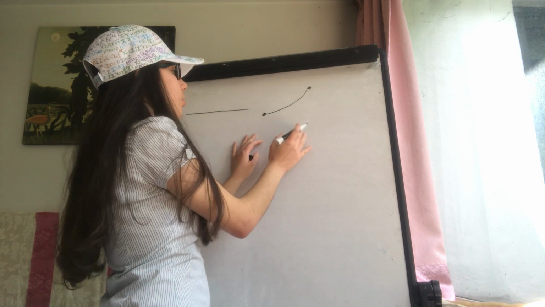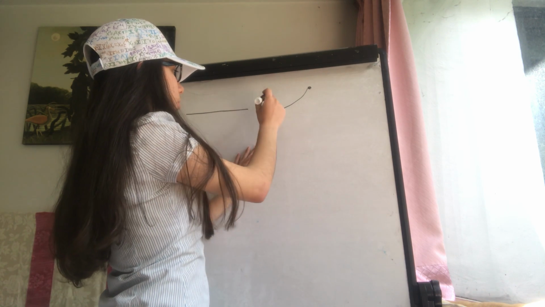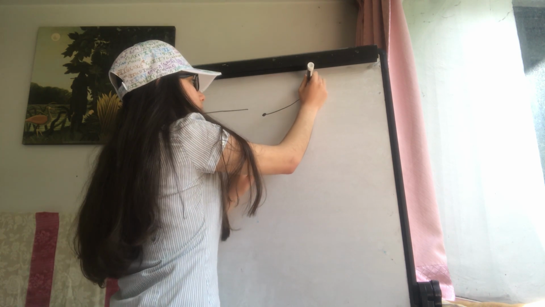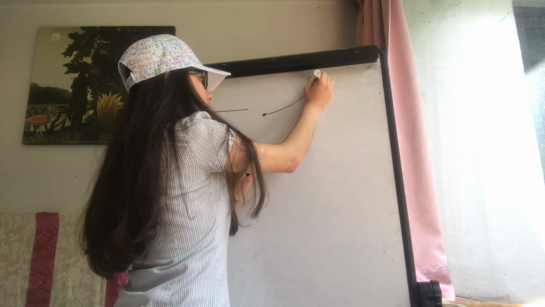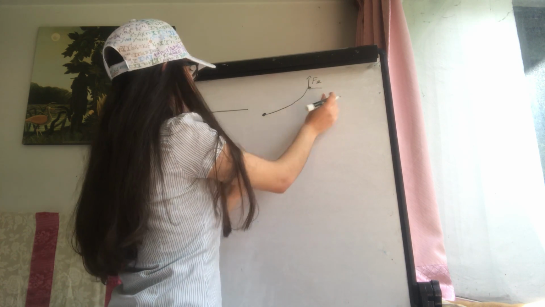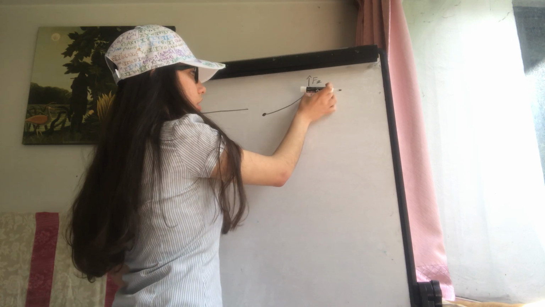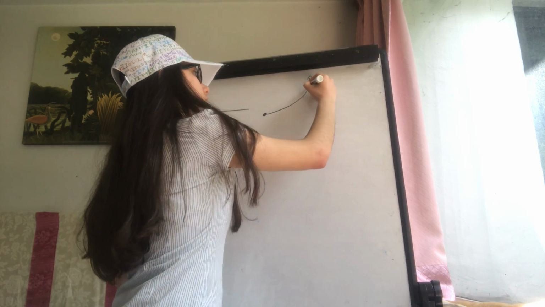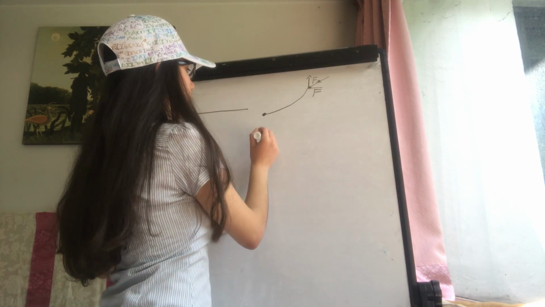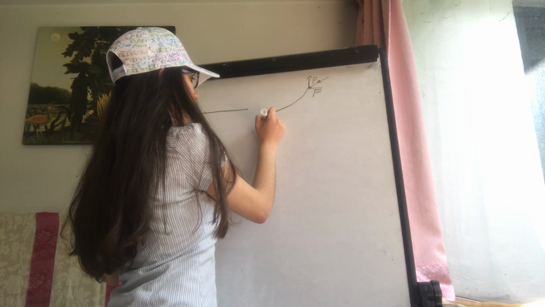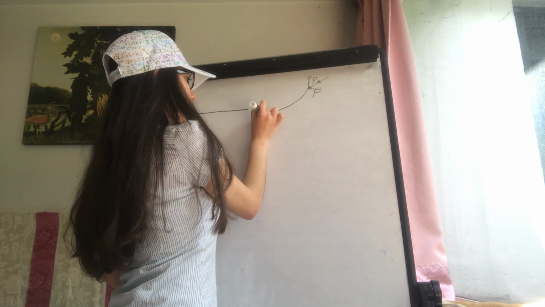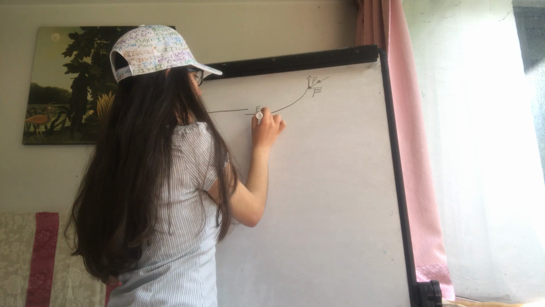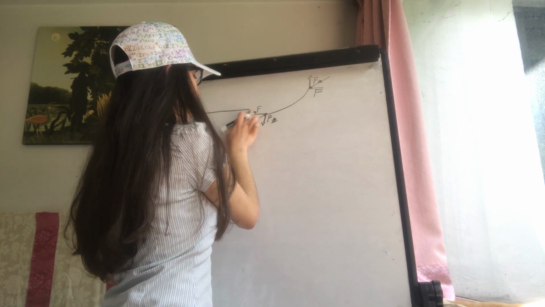We have the components of the force. We have the component on y, F sub y. Here we have the tension of the string. This was the force on x. This is the resultant component. Here we have the force on y, the tension of the string F, and this resultant vector.